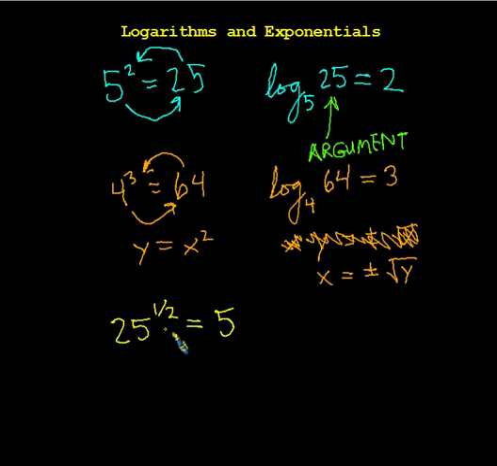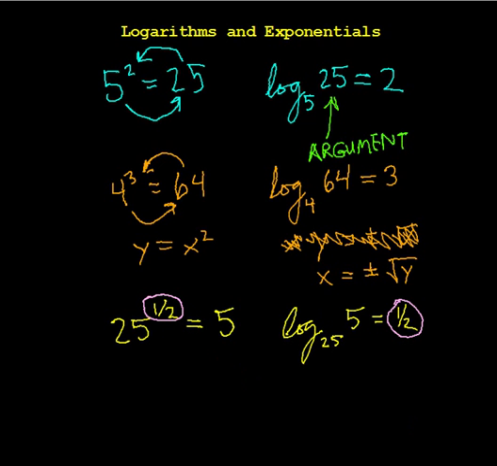Now again, this is just an exponential equation, and it can be rewritten as a log. So I'll go ahead and write it as log base 25, as strange as that seems, of 5 equals 1/2. Now, there's something I'd like to point out at this moment. I want you to notice that this 1/2 is the exponent in our exponential equation.